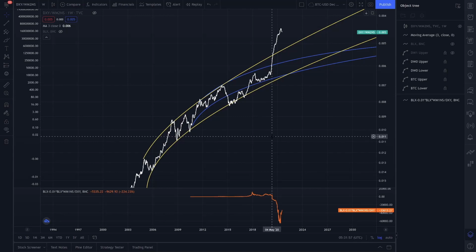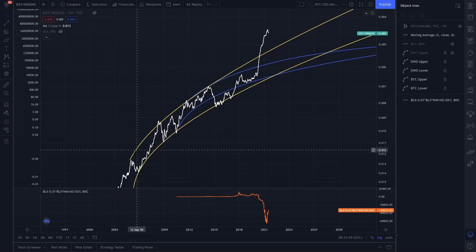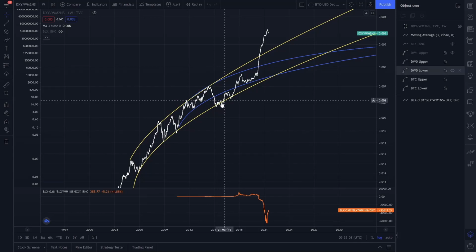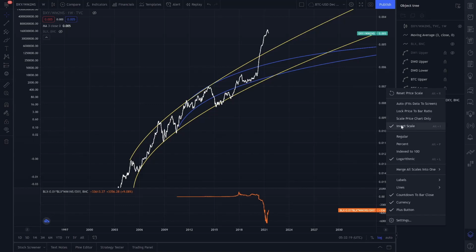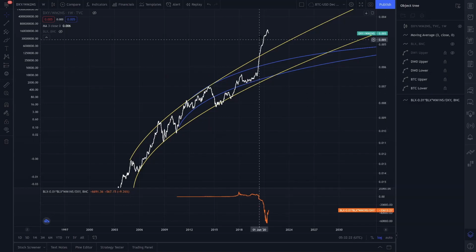So we can see there's an interesting fit here where the bottom band sits pretty nicely as a touch point for the bottoms in value through time. Well, these would actually be the peaks in value through time, because on this plot I've got this scale inverted so that for a decrease in USD inherent value, we can compare that with an increase in Bitcoin.